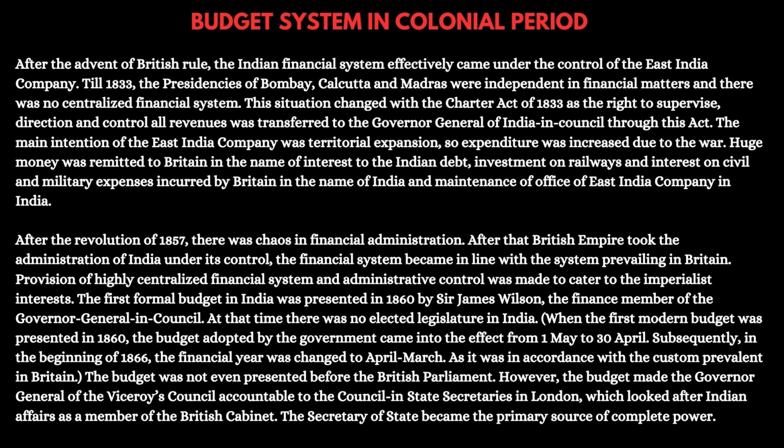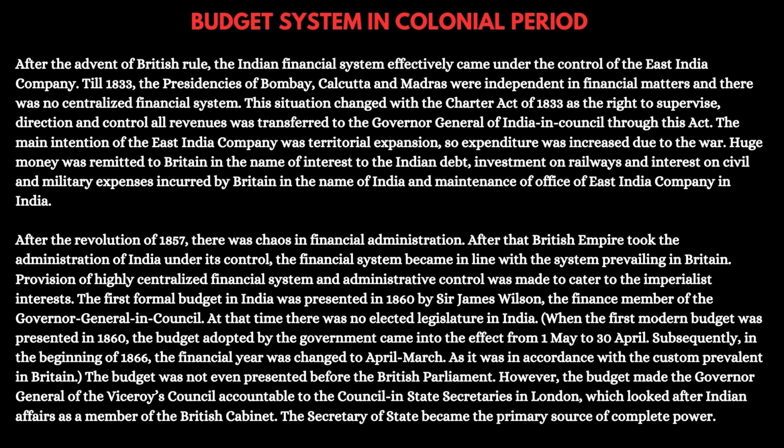After the revolution of 1857, there was chaos in financial administration. After that, the British Empire took the administration of India under its control. The financial system became in line with the system prevailing in Britain. A highly centralized financial system and administrative control was provided to cater to imperialist interests.